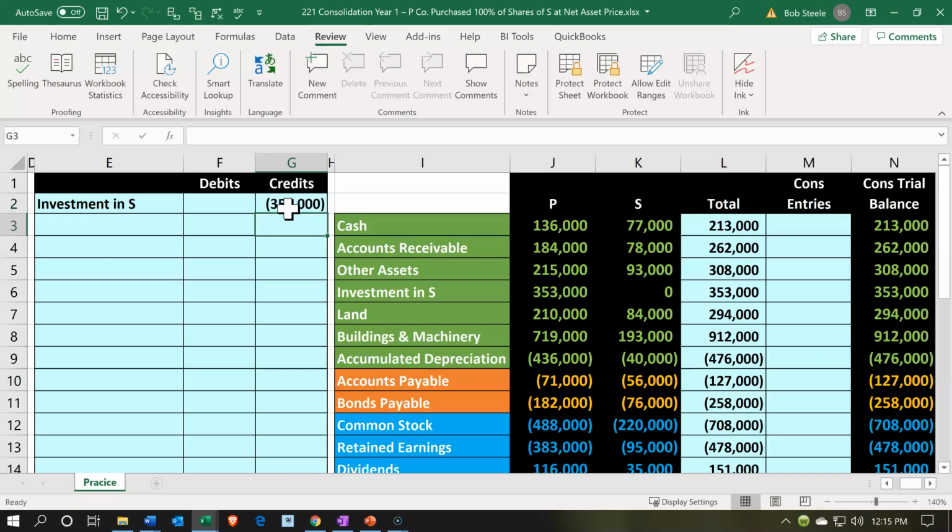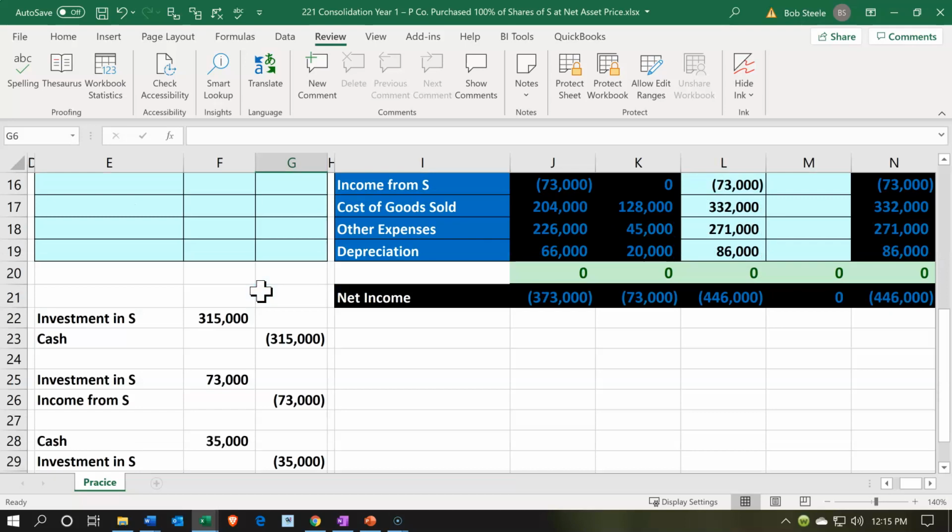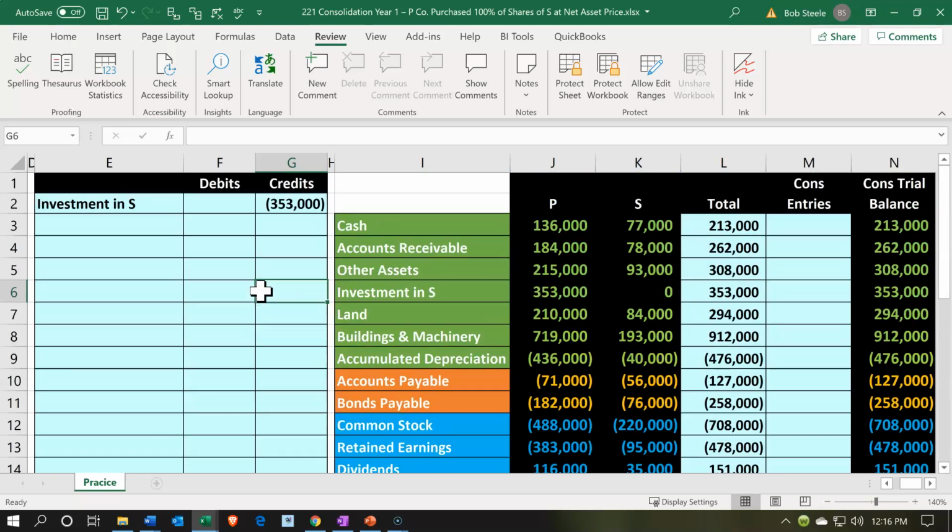And then I know the other side, if I think about these journal entries down here, the other side of that investment is basically on S's books, the equity section. Because remember, the net assets are now owned by P. And this line item represents one line item of equity. In other words, this 353,000 you'll see on S, because they own 100%.